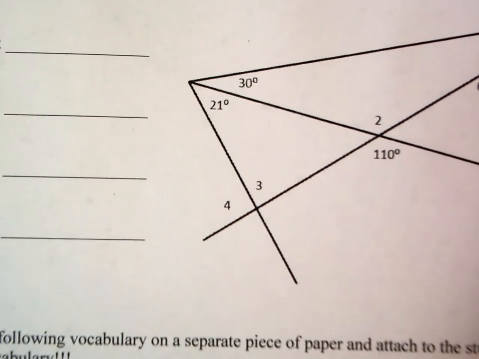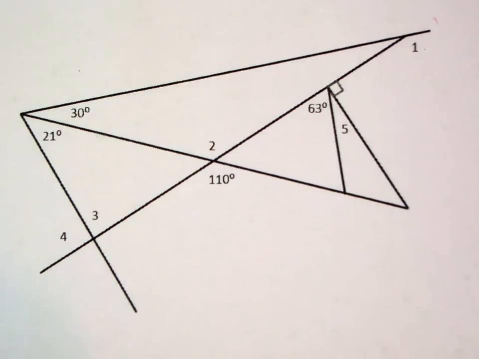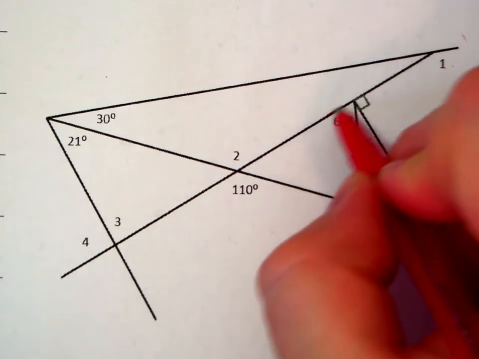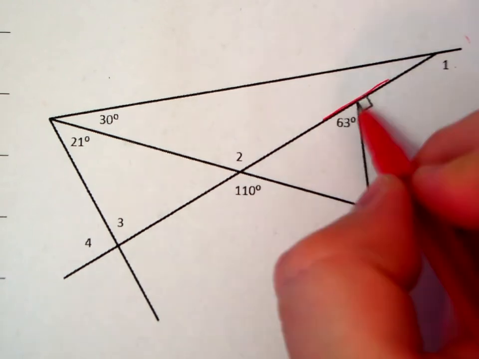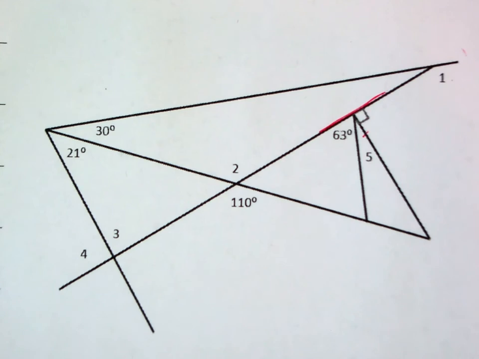So let's figure out what we do and what we don't know. And we can't always start with number 1 and say, I know number 1. There's very little information up there next to number 1 for me to start there. I can say right here, I have a straight line, and it's got one angle that's identified as a right angle.